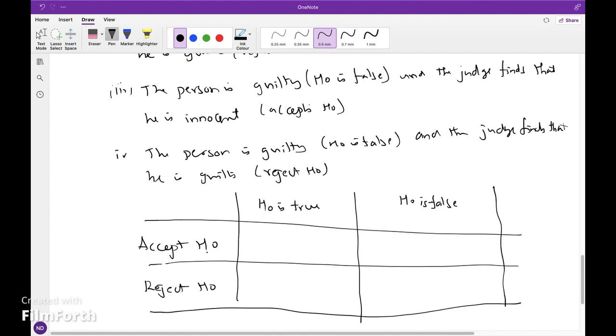If we accept the null hypothesis when H0 is true, it is a correct decision. When we accept the null hypothesis when H0 is false, this is type 2 error. Reject the null hypothesis when H0 is true, that is type 1 error. Reject the null hypothesis when H0 is false, correct decision.